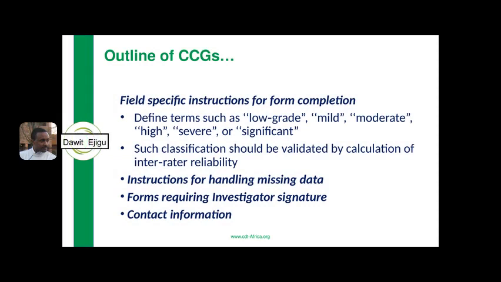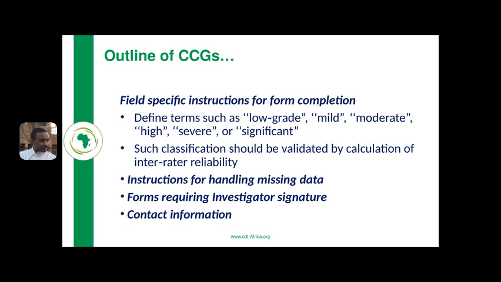Additionally, the guideline should also outline field-specific instructions for form completion. We need to define terms such as low grade, mild, moderate, high, severe, or significant. And such classifications should be validated by calculation of inter-rater reliability. We also need to include instructions for how to handle missing data.